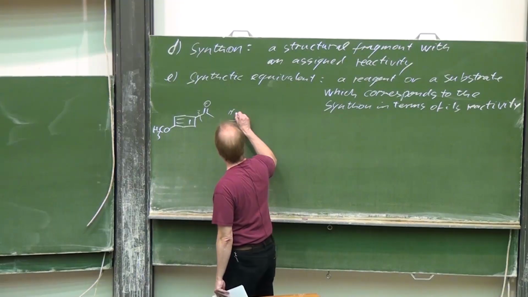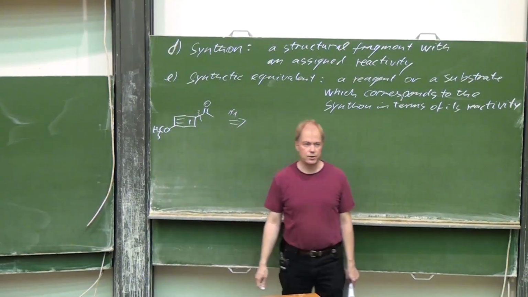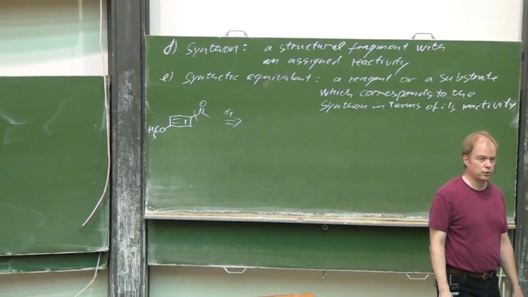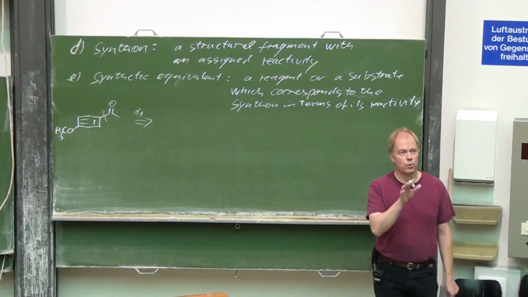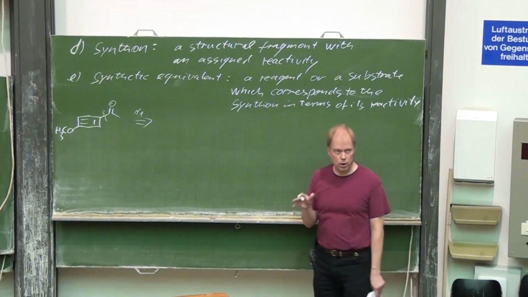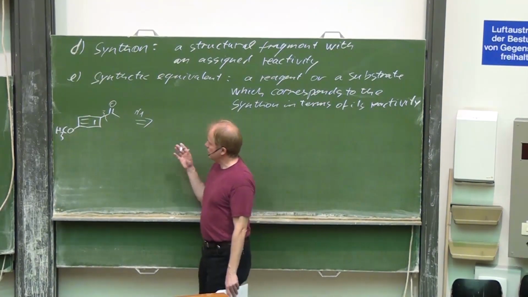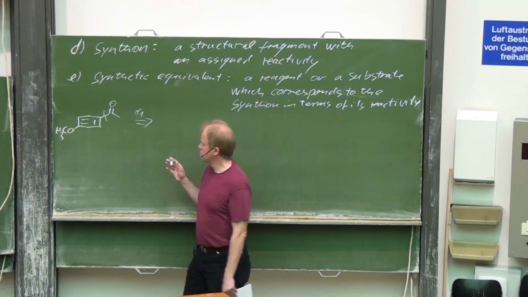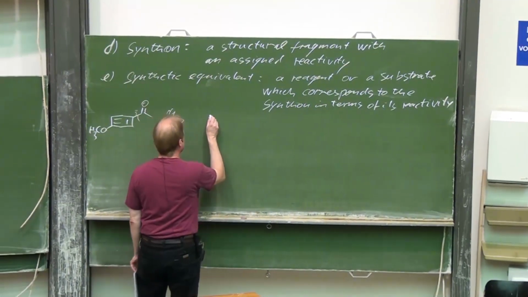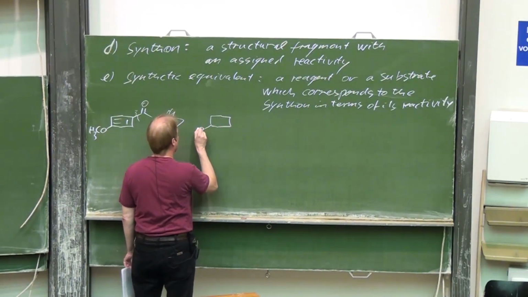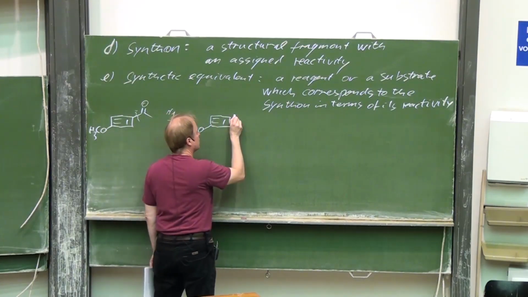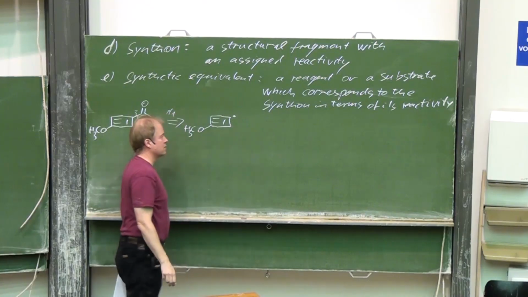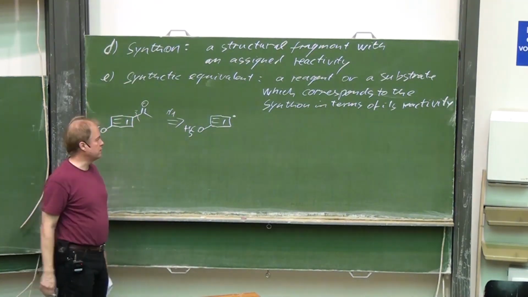And well, our first idea, as it will turn out, not a good idea, is the homolytic bond disconnection. And homolytic would mean, well, we need some kind of radical reactivity here.